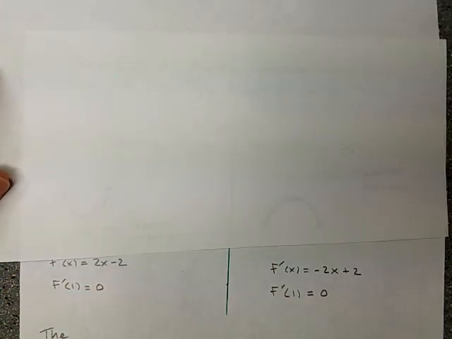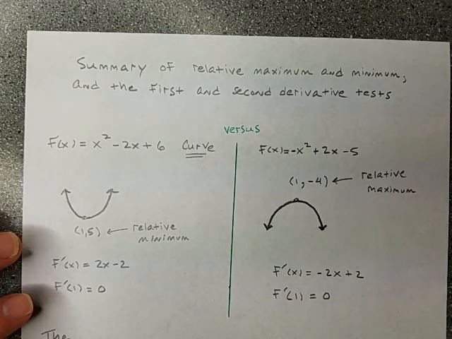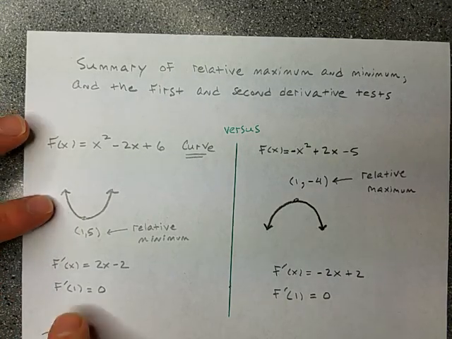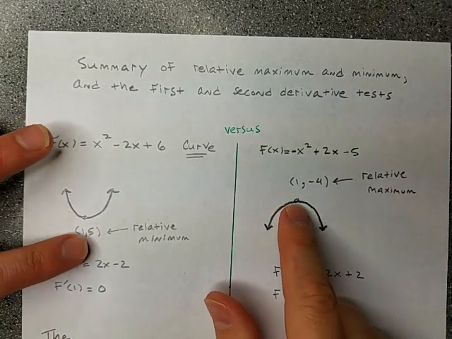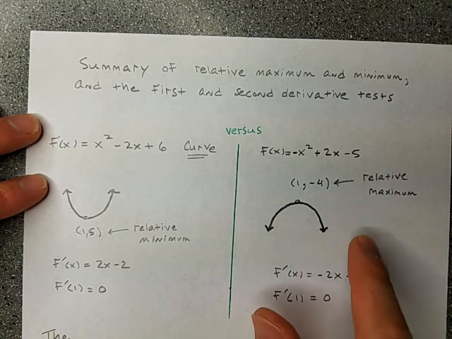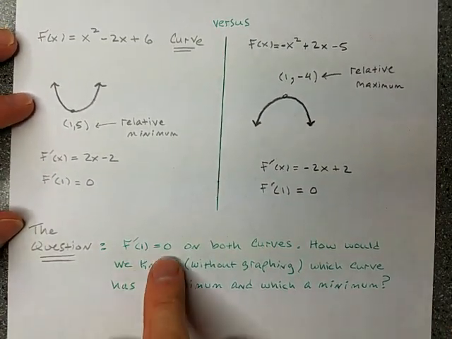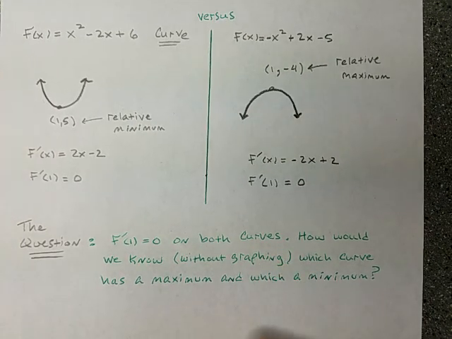That's the question I want you to consider. You see how with these examples, if the derivative was 0 at a certain spot, it could go either way. On this one, it's a minimum, and on this one, it's a maximum. So just consider the question: f prime of 1 is 0 on both curves. How would we know without graphing which curve has a maximum and which curve has a minimum?